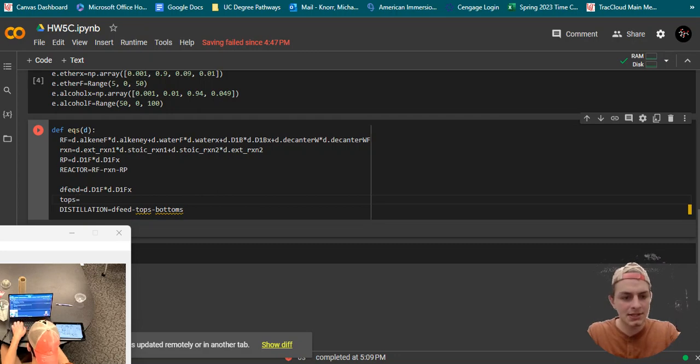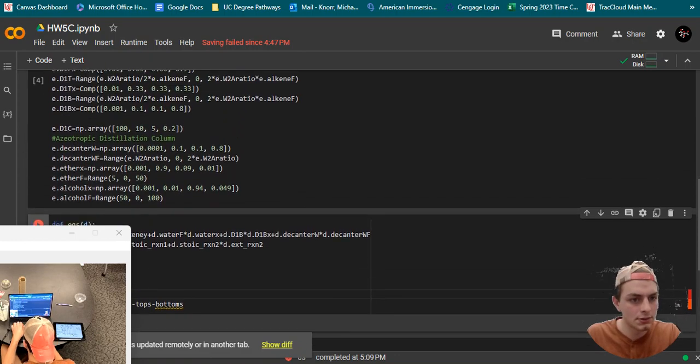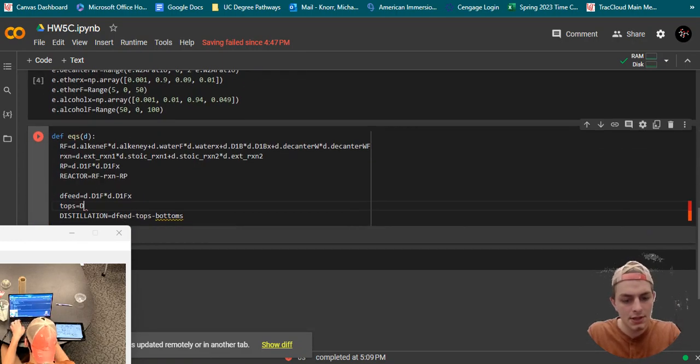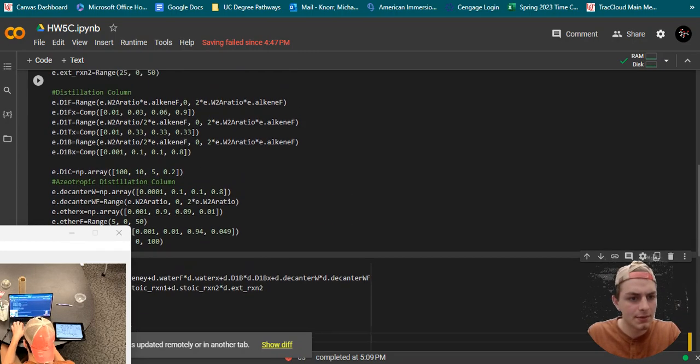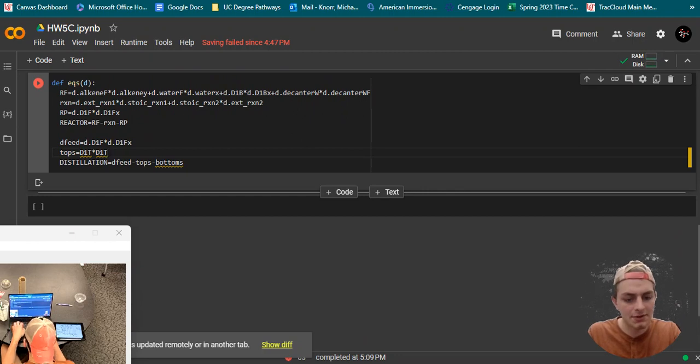So tops next. Tops is going to be equal to our D1T multiplied by D1TF. Is that what I called it? Nope, D1TX. I couldn't remember which one was the feed and which one was the mole fraction.